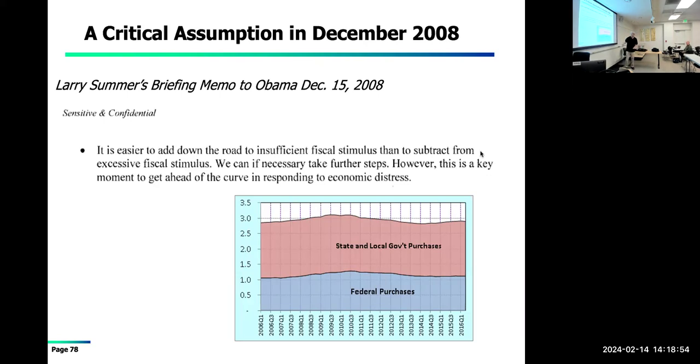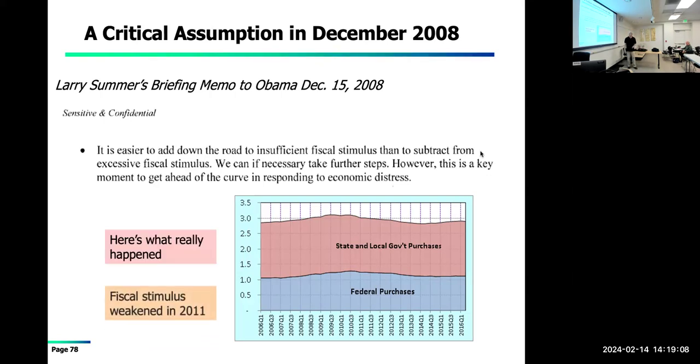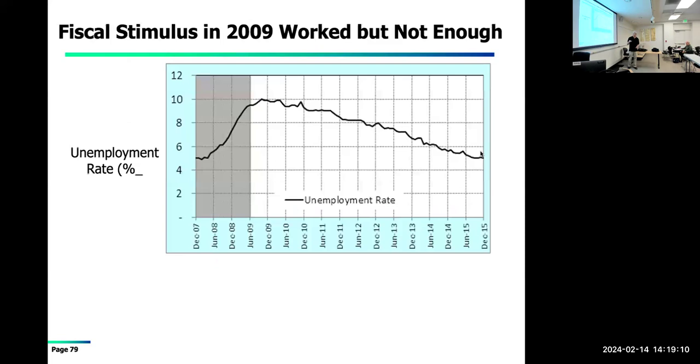What are they buying? They're buying fewer goods and services in real dollars over time, which means the stimulus is going down. And this is the explanation in the Federal Reserve reports of what really happened: the fiscal stimulus weakened, and while the unemployment rate continued to come down, it took a long time.